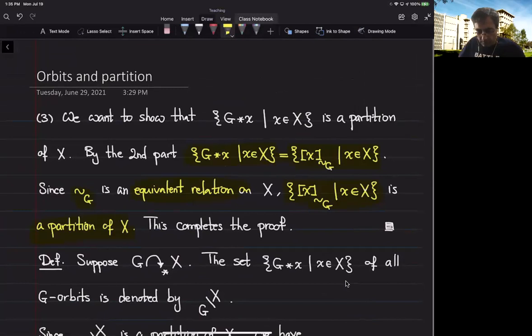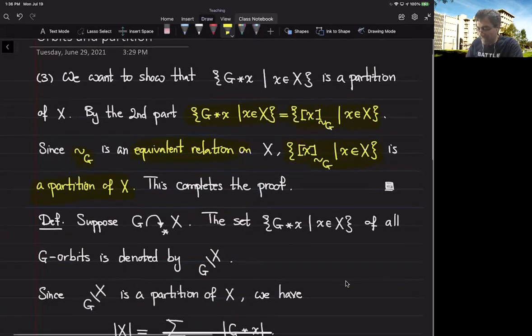Okay, so far we discussed what the group action is. We discussed what G-orbits are, and we showed that G-orbits form a partition. The set of all the G-orbits is denoted by X, and we say we are quotienting X by G from the left, because the G action is from the left.